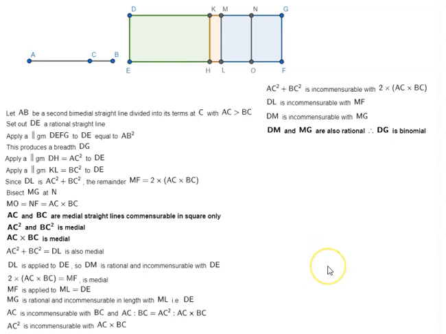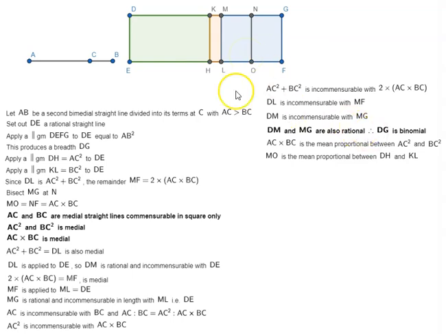Now we have to show that it is the third binomial. AC by BC is the mean proportional between AC square and BC square. AC by BC is MO. AC square is DH. BC square is KL. So MO is the mean proportional between DH and KL. This can be written as a proportionality: DH is to MO equal to MO is to KL.